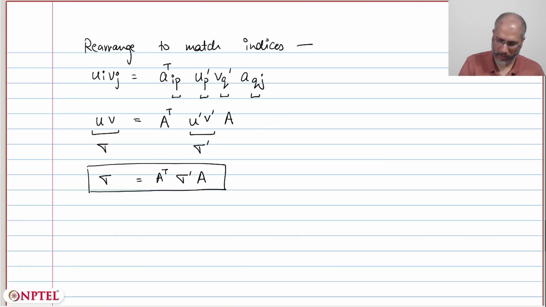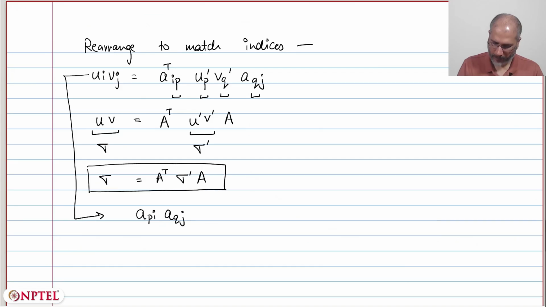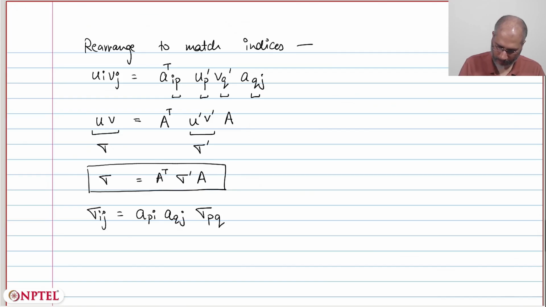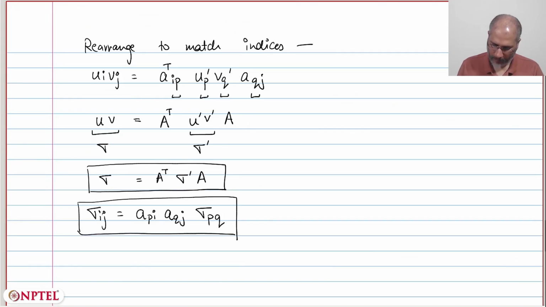In the index notation, this can be written as sigma ij equals api aqj times sigma prime pq on the right hand side.